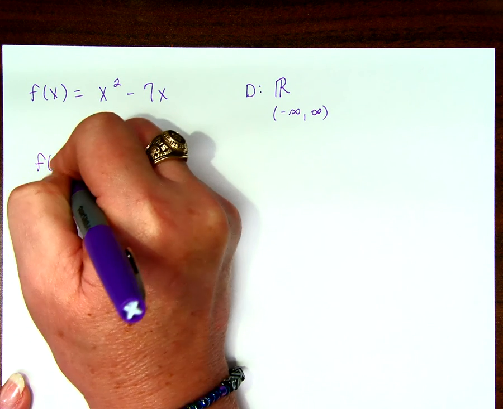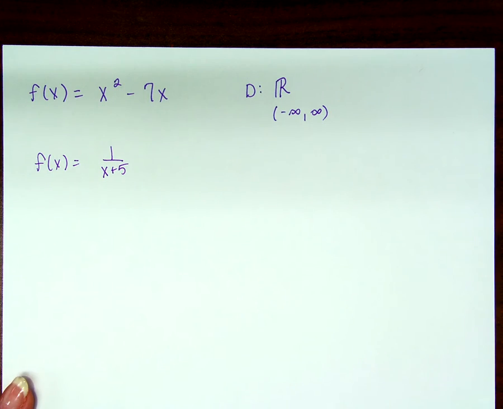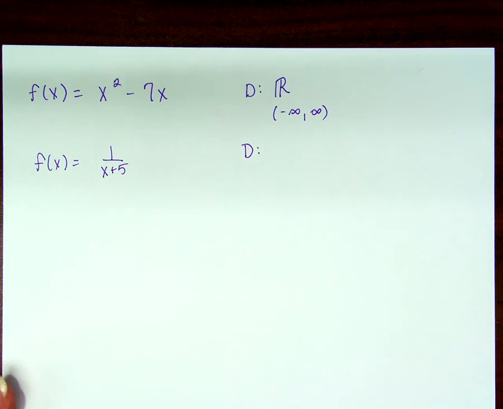What about this function? F of x equals 1 over x plus 5. Can you remember what kind of function that is? It's a rational function, which means there's two parts to it. There's an asymptote involved. How do we find that asymptote?